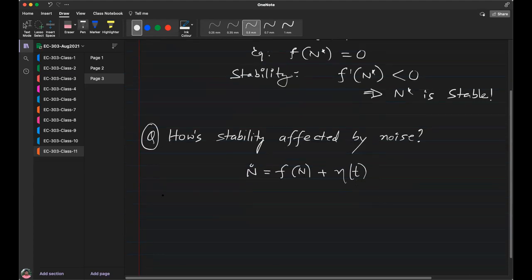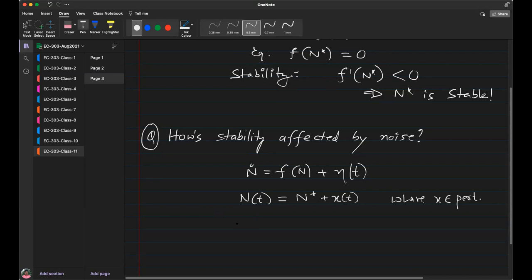Let us look at the perturbations around the equilibrium. Let's say that n of t is equal to n star plus x to make life a bit easy, where x is the perturbation. Now let us substitute this in the equation above.